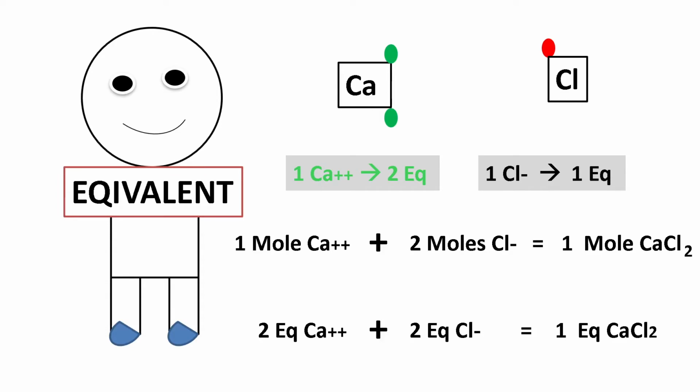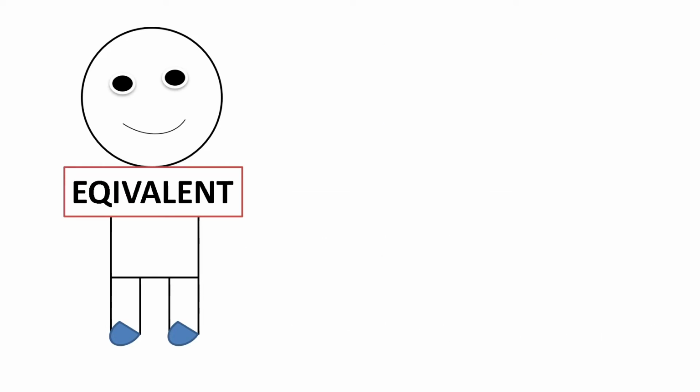Since we know 1 mole of calcium is equal to 2 equivalents, in the molar equation, 1 mole of calcium will be 2 equivalents of calcium. We know 1 mole of chloride ion is equal to 1 equivalent. So in the molar equation, 2 moles of chloride will be 2 equivalents. Now in this example, you can very well differentiate between the molar equation and the equivalent equation.